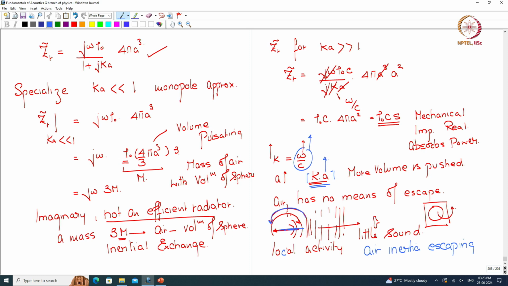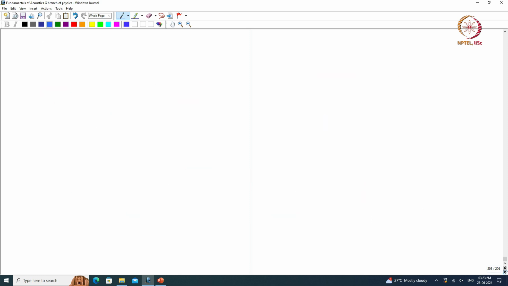Now let's just look at this aspect here, the power aspect. Power is essentially intensity into area, which is 1/2 the real part of PV conjugate into the area. Or now in this case it is 1/2 the real part of the radiation impedance into the magnitude of velocity squared.